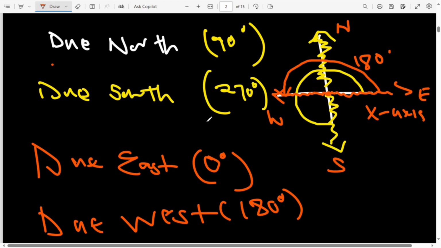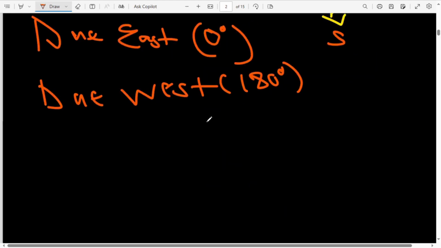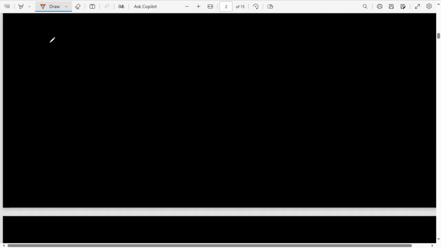Okay, and then from there, we can look at these other special 4 terminologies, okay? So the first one is when they say northeast. I'll just write the abbreviations. What does northeast mean? Okay, it just means that you have a vector that is in between the north and the east. Okay, so if I draw it like this, you have a vector.